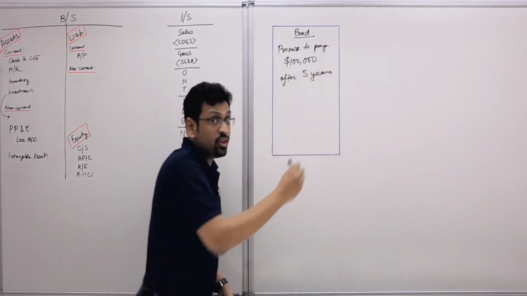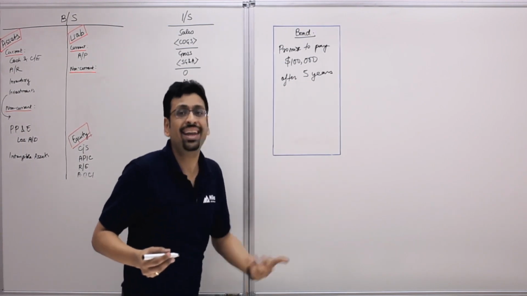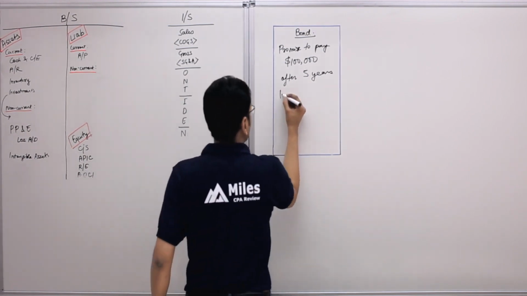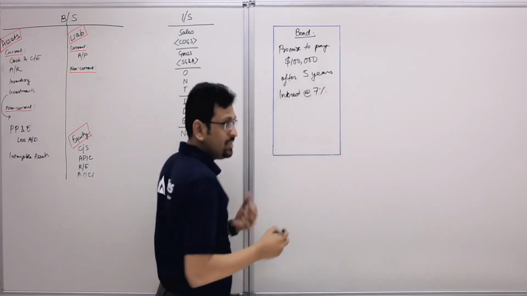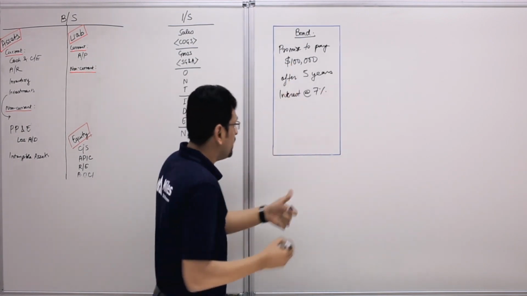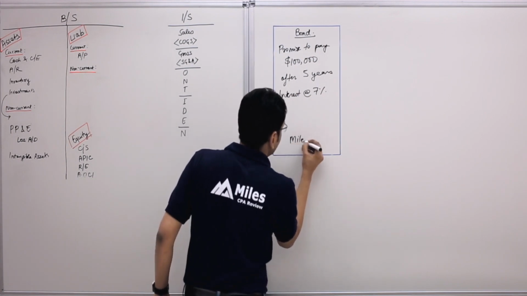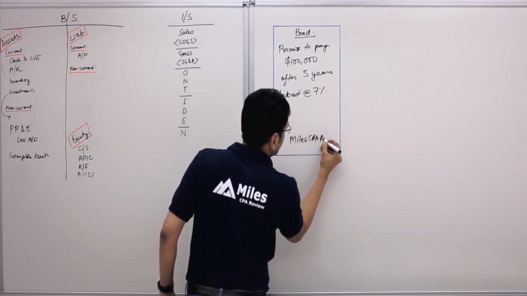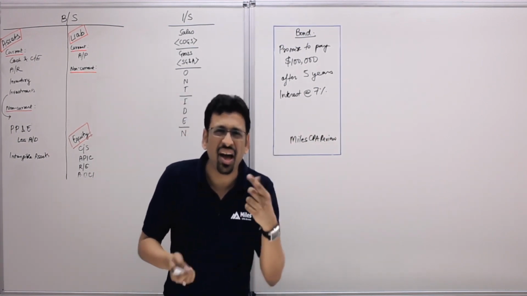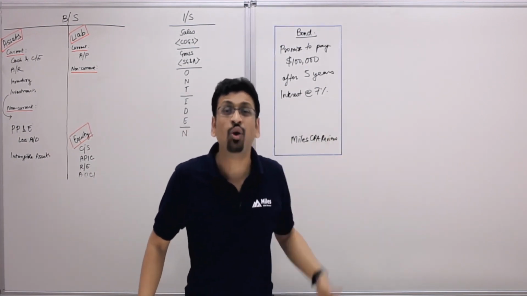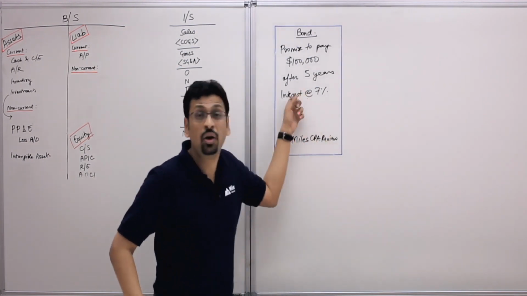And during those 5 years, we're going to be paying interest at, let's say, 7%. Then we type out this promise on a piece of paper, sign it, seal it, and we give this bond, this piece of paper, and take in $100,000 for each piece of paper, each bond.